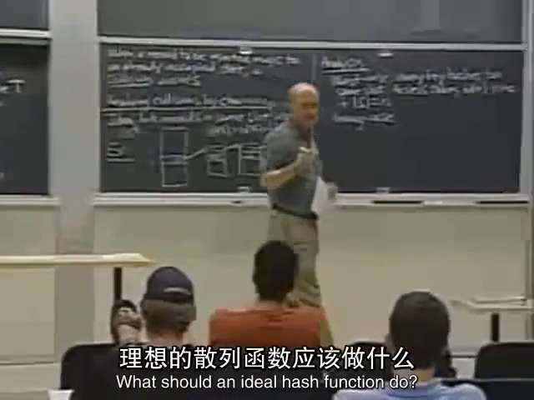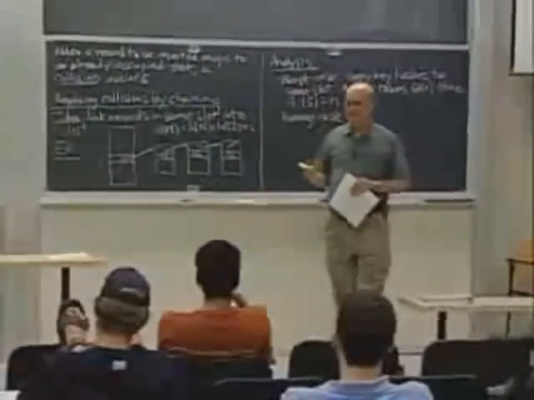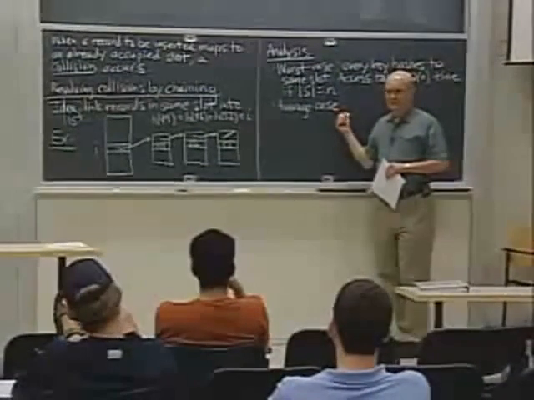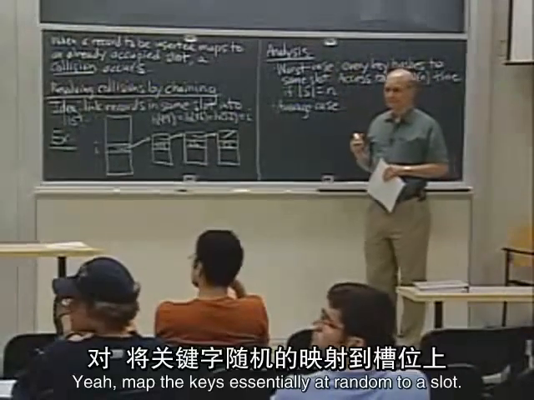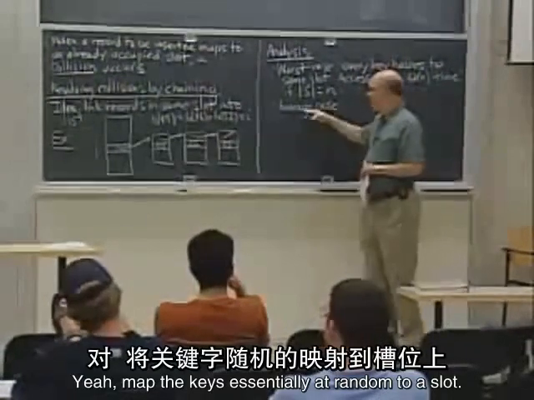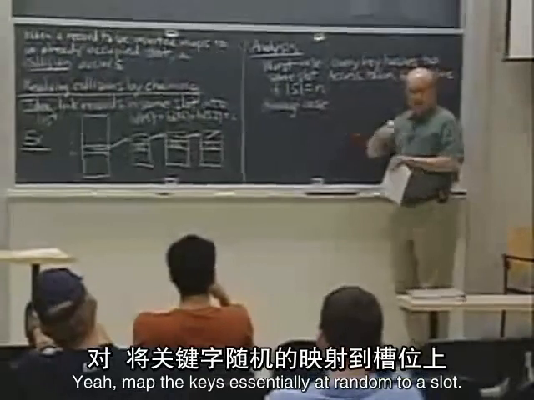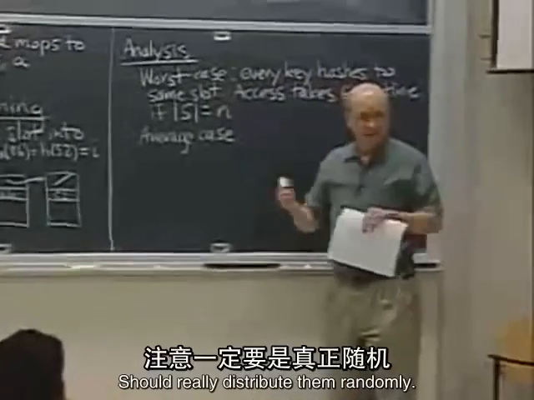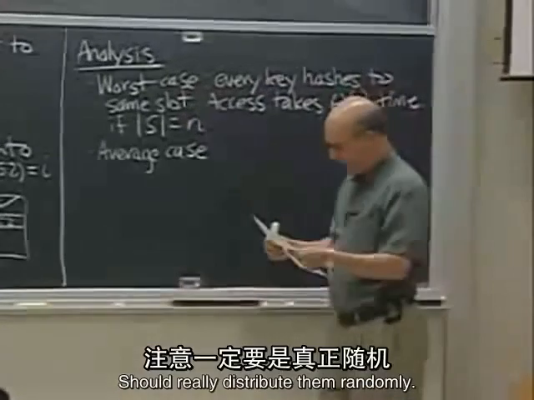What should an ideal hash function do? Map the keys essentially at random to a slot. It should really distribute them randomly.